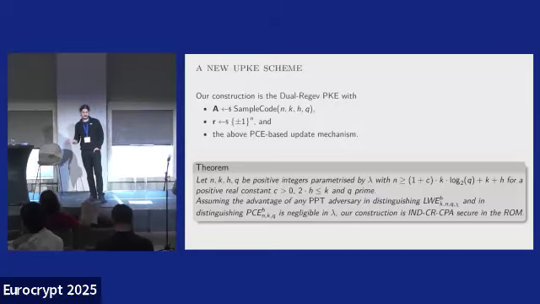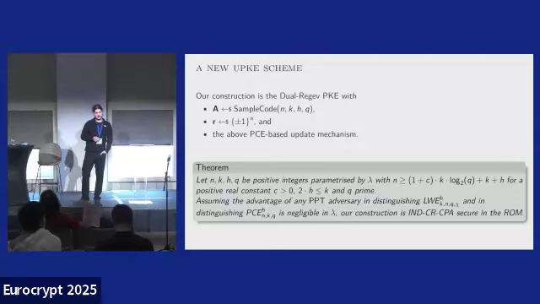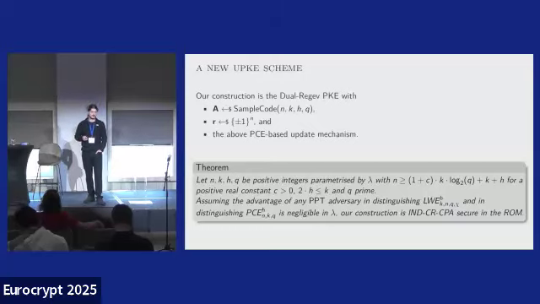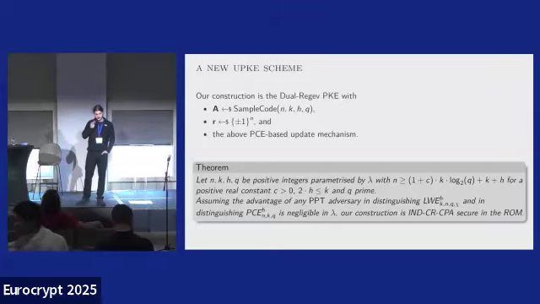So in the end, our construction is essentially just this dual Regev public key encryption scheme, where A, instead of being sampled as random, are sampled to be hollow. Our short vectors will be signed vectors, and we use the above PCE-based mechanism to update the key pairs.